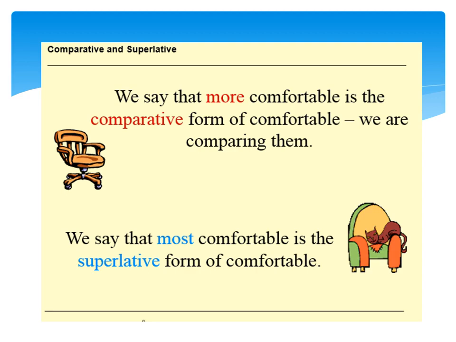They have like three or four syllables. So in this case, we don't use ER like the others before. We use more. We have to use this word before the adjective. So an example: we say that the chair is more comfortable than the sofa.